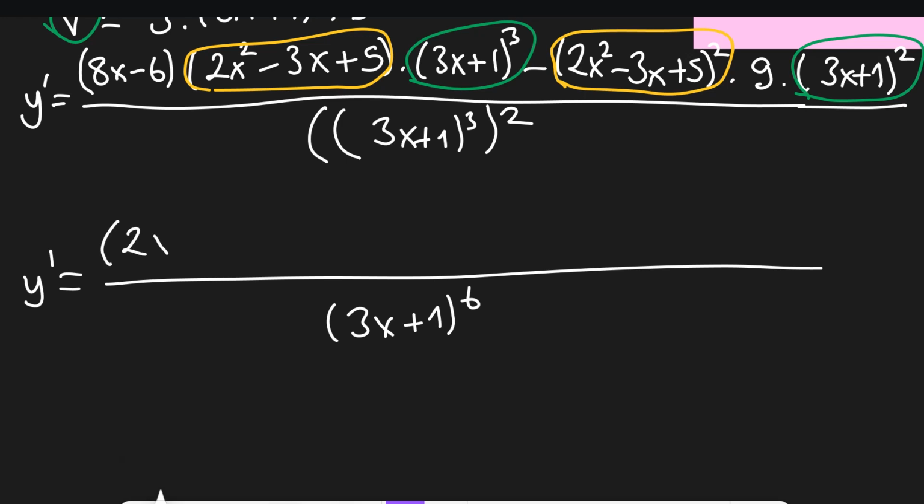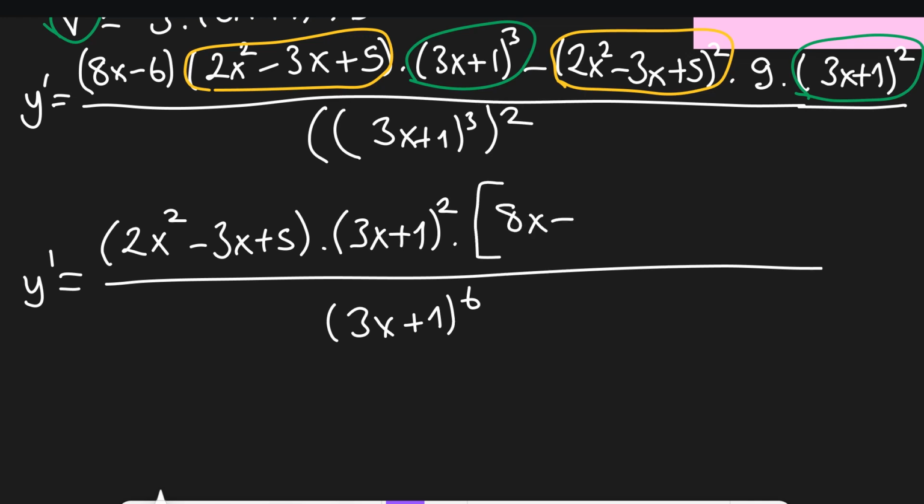2x squared minus 3x plus 5 times 3x plus 1 squared, and after this leave behind 8x minus 6 times 3x plus 1 minus 9 times 2x squared minus 3x plus 5.